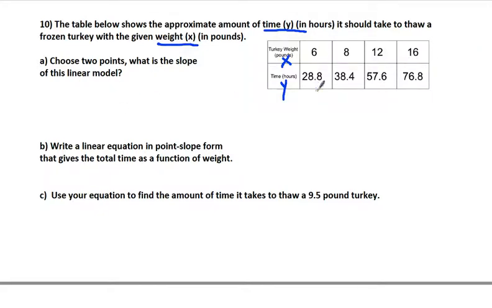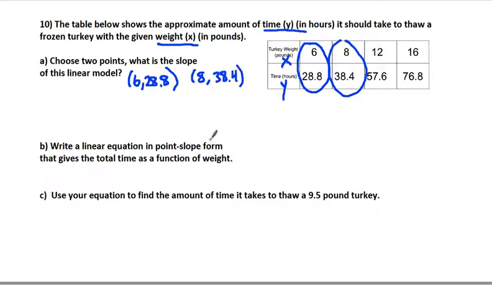So you can pick any 2 of these points. This is your X coordinate and Y coordinate. I'll just pick these first 2 points. So this one would be the coordinates 6, 28.8. And then this point will be 8, 38.4. Those are my 2 points.